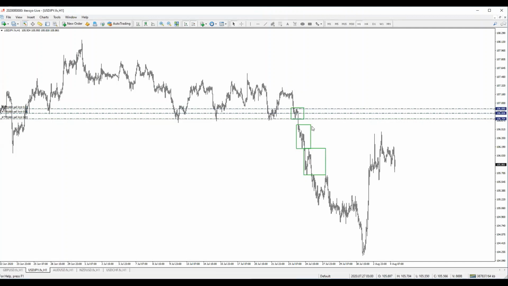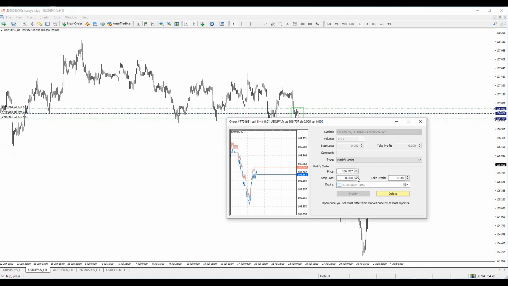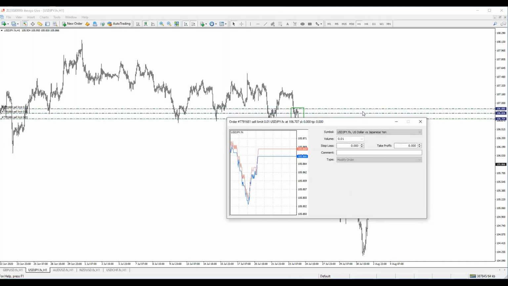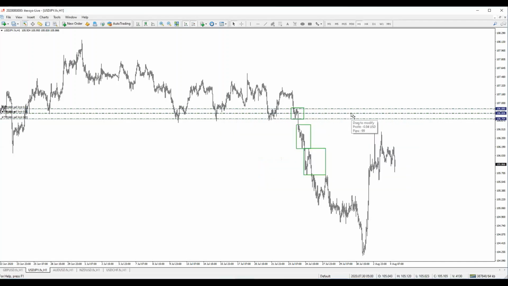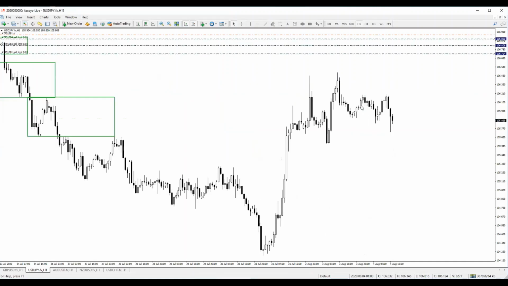For the breakout trade, my stop loss, let's put a stop loss and drag it. My stop loss will be beyond the origin.